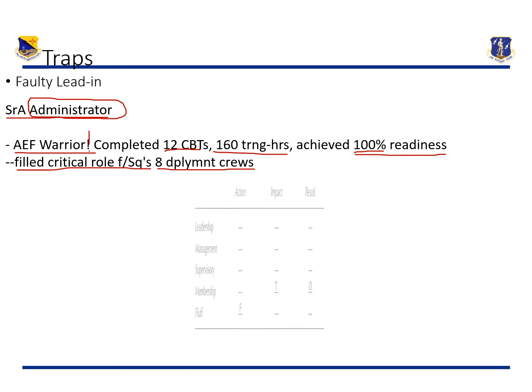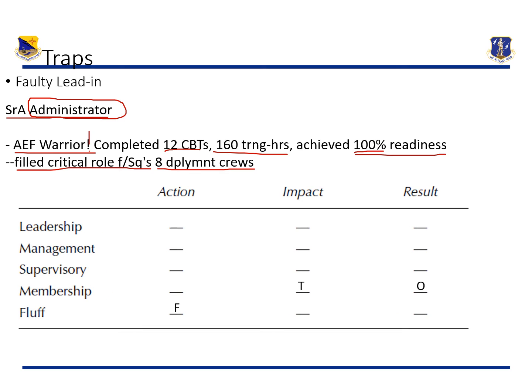So when we look at it, in my opinion, it falls very short, and I would probably score this no more than a 0.5 out of 2. The action is almost one of those attention-grabber bullets. Falls flat. It's definitely fluff. The impact is okay. It's definitely a membership level, and it's definitely at the tactical level, so I would probably put it right there.